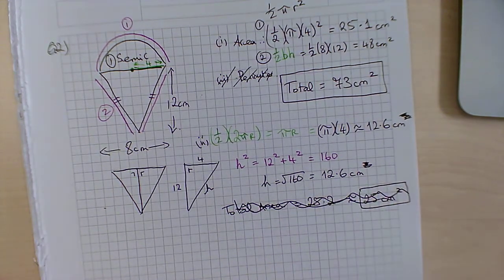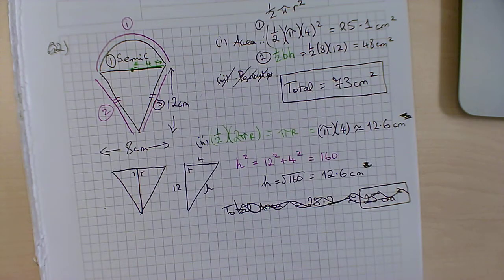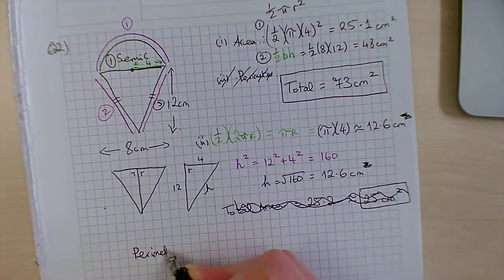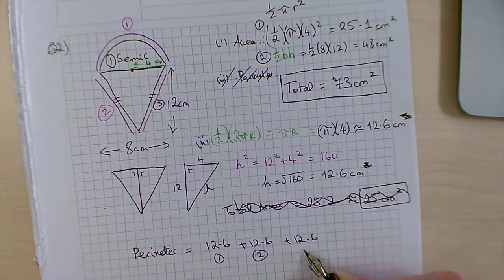So my hypotenuse is 12.6. My arc is 12.6. And my other hypotenuse is also 12.6 centimetres. So the perimeter is going to be 12.6 from the arc, plus 12.6 from one side of the triangle, plus 12.6 from the third side of the triangle.